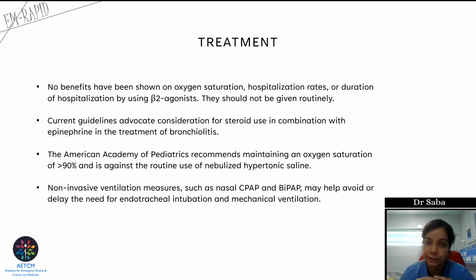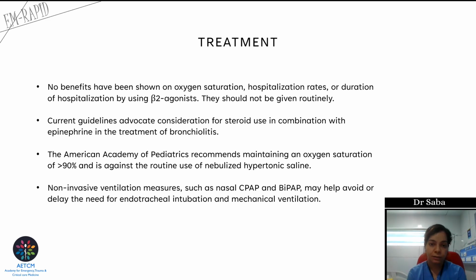Basically, they have very limited or no proven benefit in improving the patient's overall condition and hospitalization stay, which is why they should not be routinely given. And like I have already mentioned, the current guidelines advocate steroid usage in combination with epinephrine.